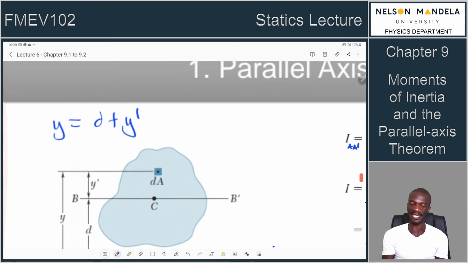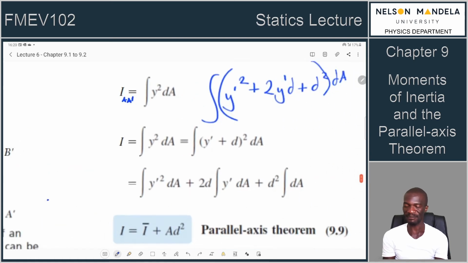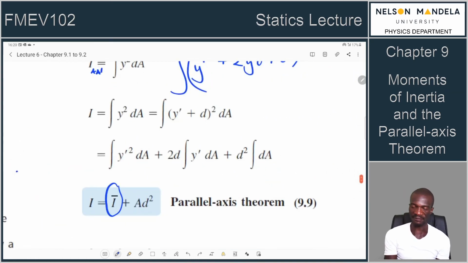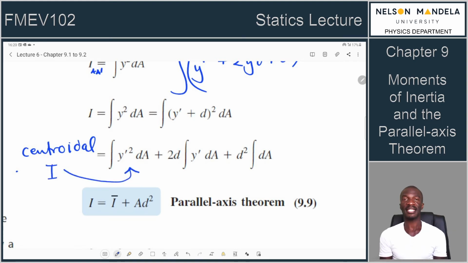And if we look at the distance from which we are measuring this y, it's from the centroid, y prime. Therefore, it is defined as what is called the centroidal moment of inertia. That's our centroidal moment of inertia.